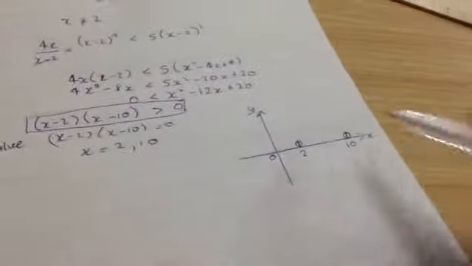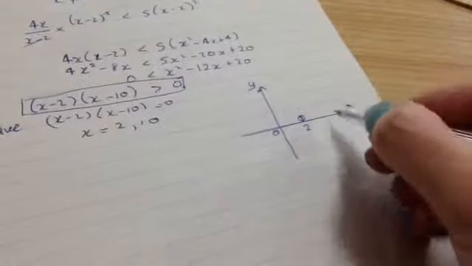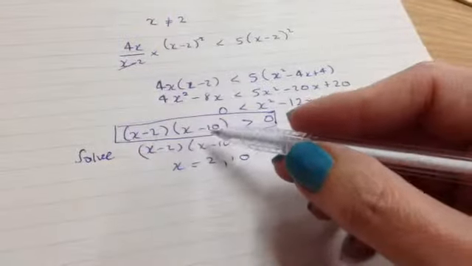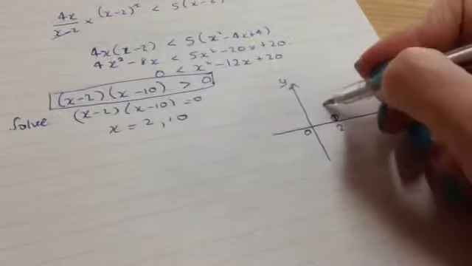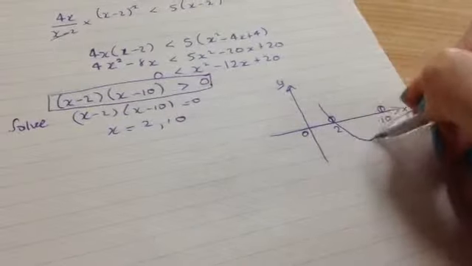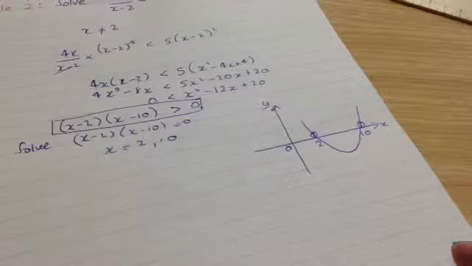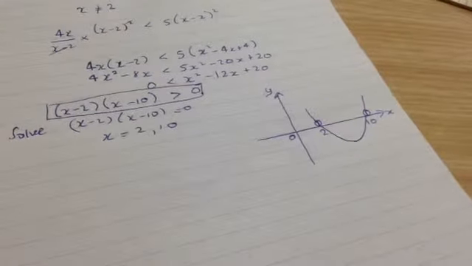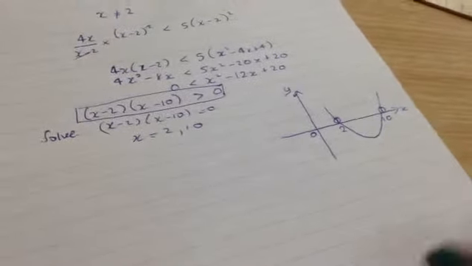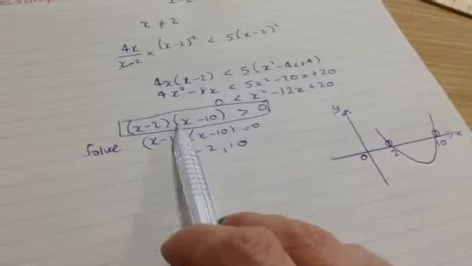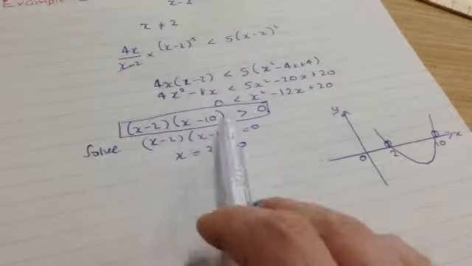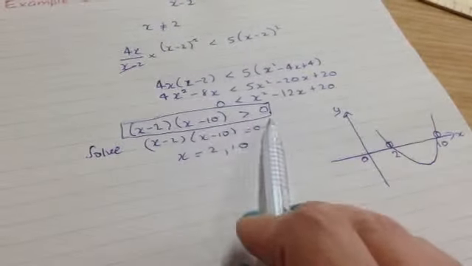So hence, this will be a concave up parabola, clearly. You then have to pay attention to this again, that the function is greater than 0.